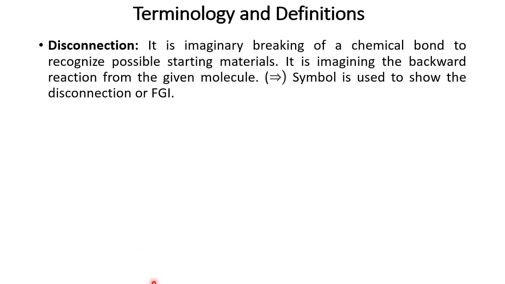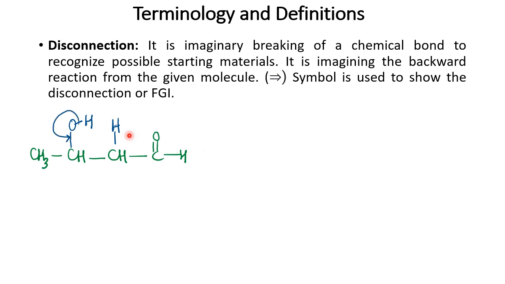We will look into another definition, disconnection. It is the imaginary breaking of a chemical bond to recognize possible starting materials. This is the molecule which we have got after using the functional group interconversion strategy. Now on this molecule I will apply the strategy of disconnection. So we will break the bond between the OH-bearing carbon and the adjacent carbon, and when you make one, you break one.